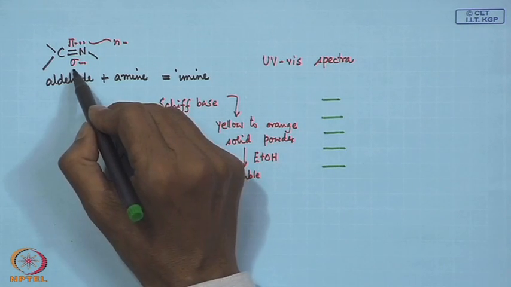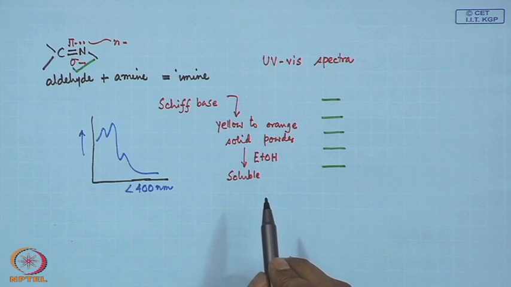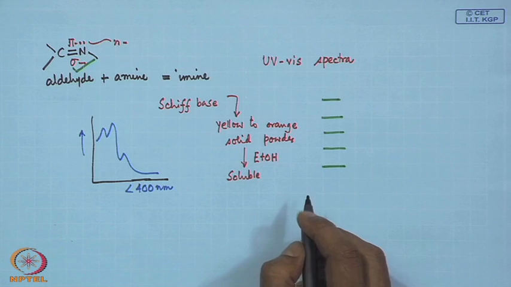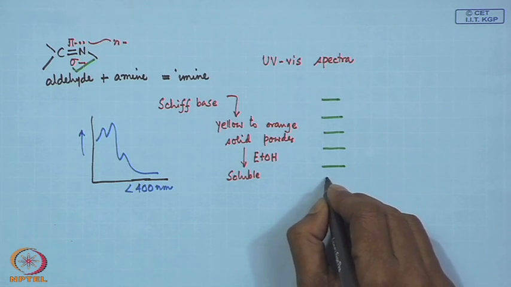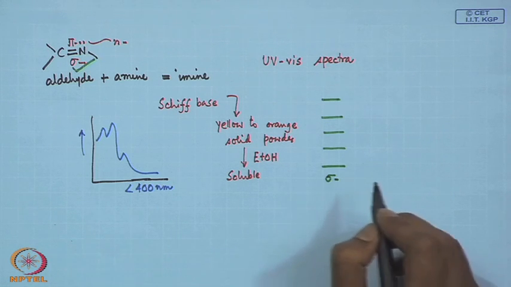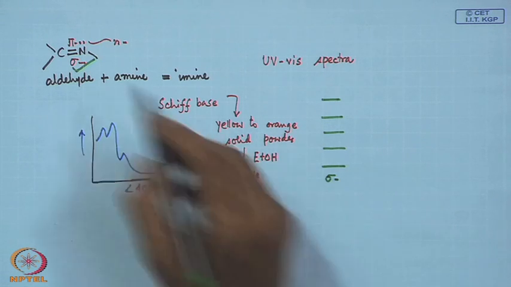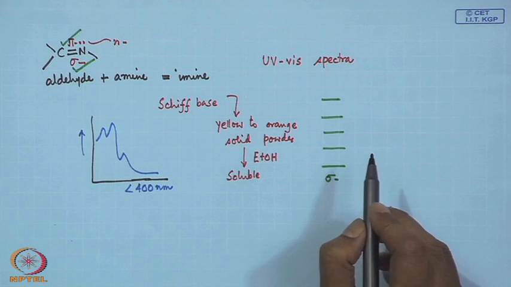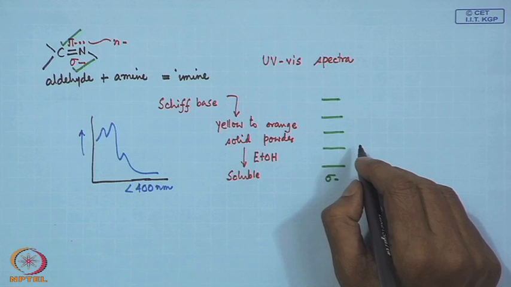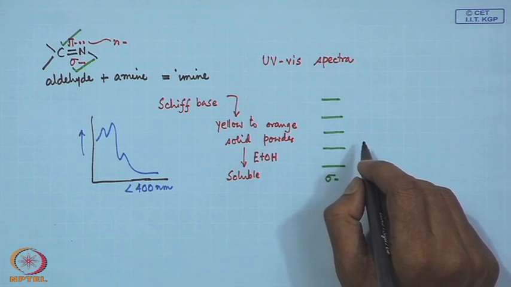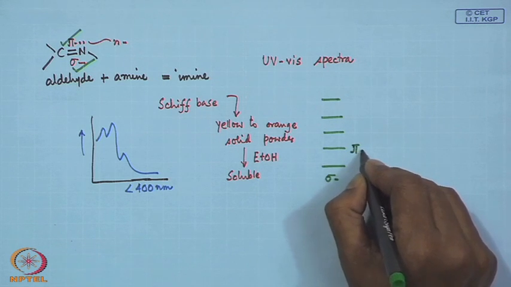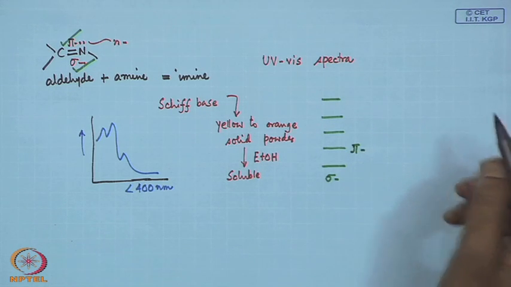So, when we have these sigma bonding interactions for these atomic orbitals of the carbon atom and the nitrogen atom, we have the corresponding sigma bonding level with those electrons which are occupying the sigma level. Then we have the corresponding pi electrons for a little bit weaker interactions between the corresponding pi symmetric orbitals available from carbon side as well as from the nitrogen side, giving rise to the corresponding pi level.